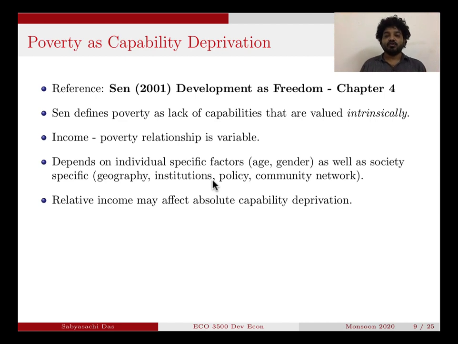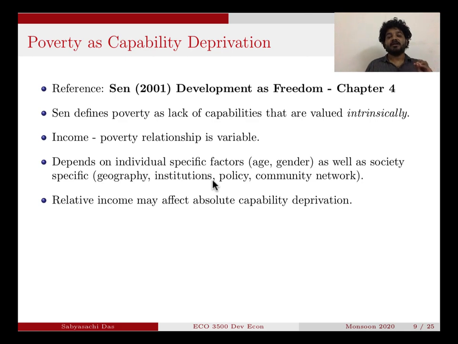Okay, so he's going beyond the income definition of poverty. He says that the income definition of poverty, or poverty seen through the lens of low income, attaches intrinsic value to income while it should have instrumental value.